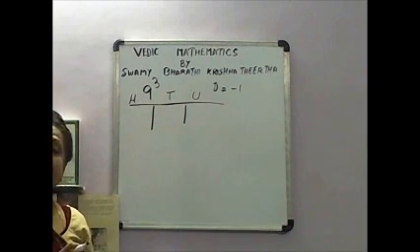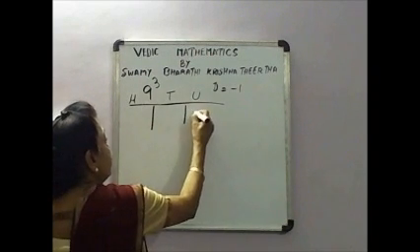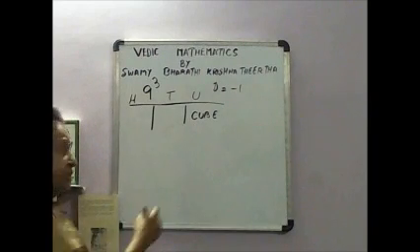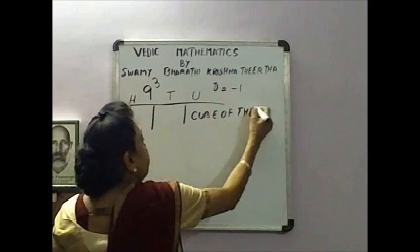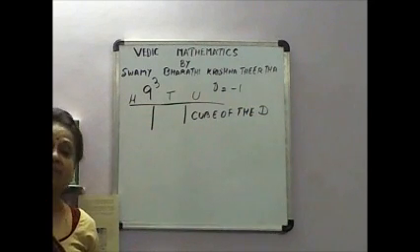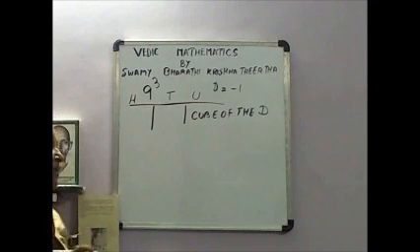Now for the answer for the unit place, he says cube of the deficit. Whatever is the deficit, make the cube of it and put it as the answer for the unit place.